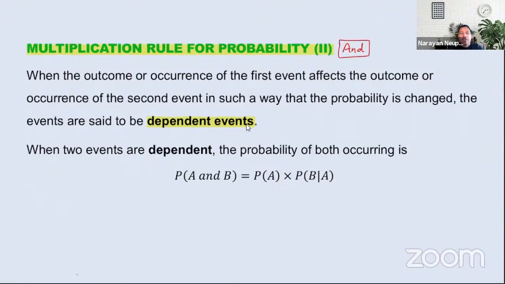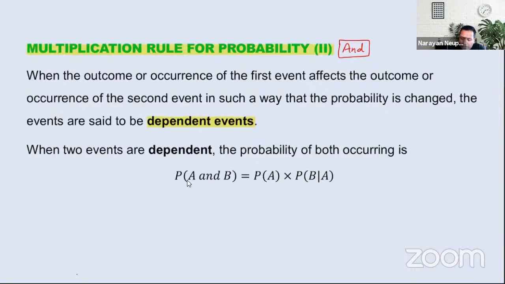Okay, and when we say dependent events, when the first event has already occurred, and when you try to perform the second event, if the probability of getting the second event depends on the first, then it is called the dependent event. So when the outcome or occurrence of the first event affects the outcome or the occurrence of the second event, then we say that the events are dependent events.